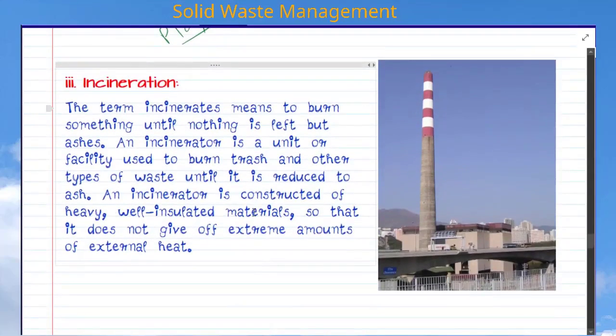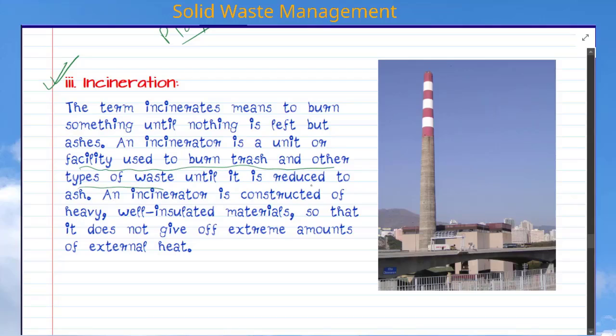The next important method of solid waste disposal is incineration. Incineration is basically a burning process, done in a particular facility used to burn trash and other types of waste until it is reduced to ash. One characteristic of this is that the volume of solid waste decreases.